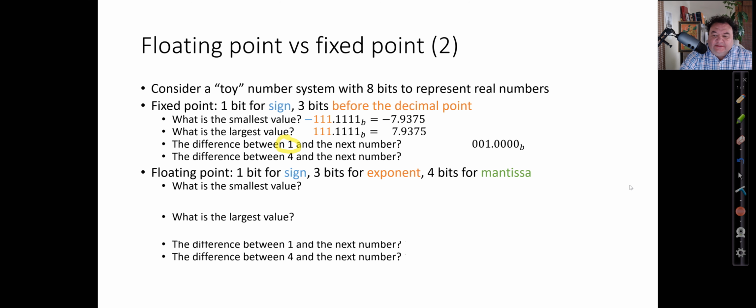We look at the consecutive number and make the difference. And so 0, 0, 1 dot 0, 0, 0, 1 will be the next available number in this representation, right? There are no decimal representations beyond this. And the difference between those two would be 0, 0, 0, 0.0001 in binary, which in decimal will be 0.0625.